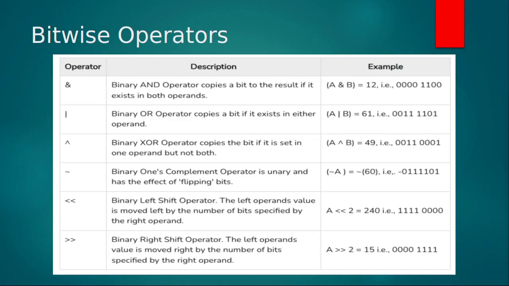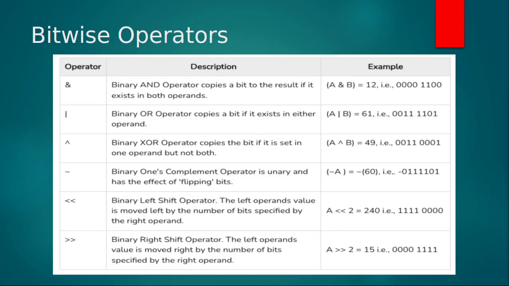The right shift operator does the opposite. It moves the bits rightward and introduces 0 at the leftmost end. So it could shift everything off until all the bits become 0.